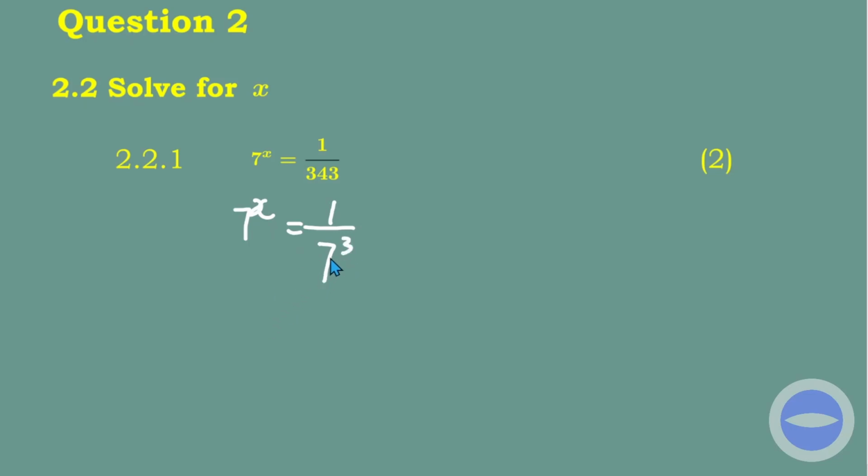So now I have to swap these two. So 1 will come to the denominator, then 7 exponent 3 will go to the numerator. So 7 exponent x equals 7 exponent negative 3 over 1. There's no need to write the over 1, because any number divided by 1 is that number.